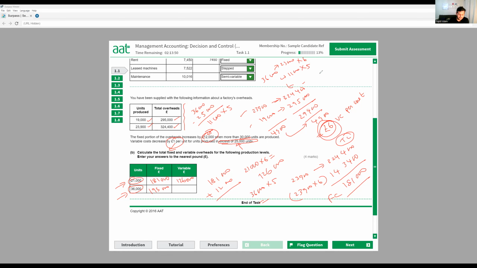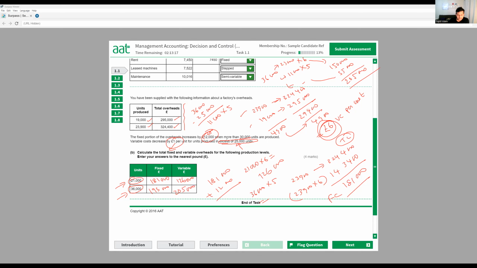So 25,000 times 6 gives me 150,000, and 11,000 times 5 gives me 55,000. So 150 plus 55 gives me 205. Be very careful with this question.